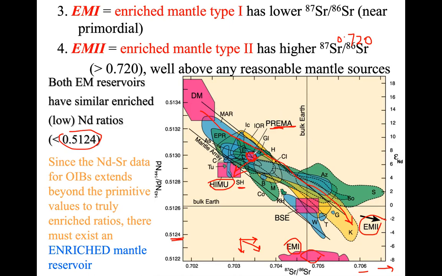But considering the amount of sample recovered from oceanic basalts, there is an idea that there should have been a separate reservoir also, called PREMA, right?